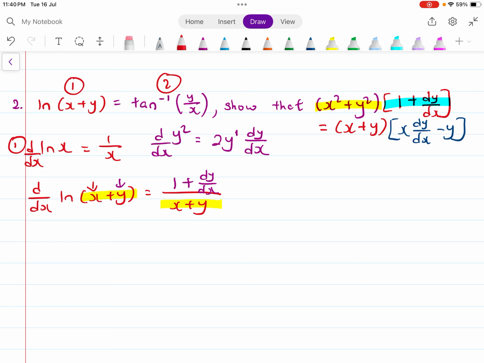Now it's time to determine the differentiated form of tan⁻¹(y/x). Same thing, you refer to MF27. Let's look at the MF27.